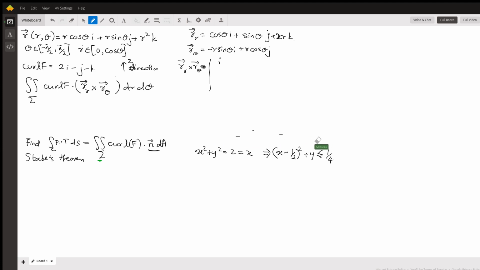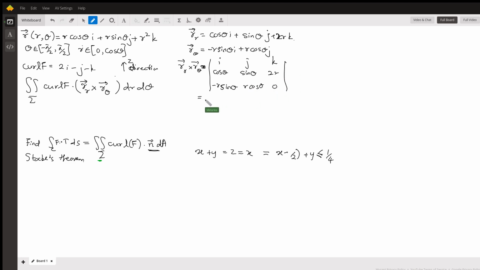So i j k, cosine theta, sine theta, 2r, negative r sine theta, r cosine theta, 0.